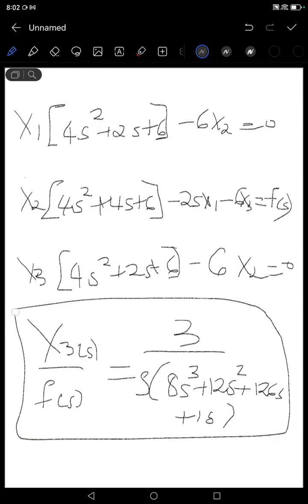Okay, I think we're going to stop here for today, and then when we meet again, we're going to do the rotational mechanical transfer function. Here, remember, we were doing translational. Translational is just a mass, a spring, and a damper.